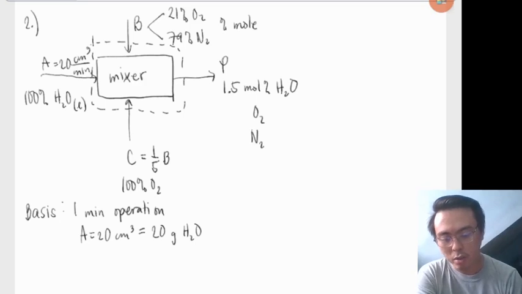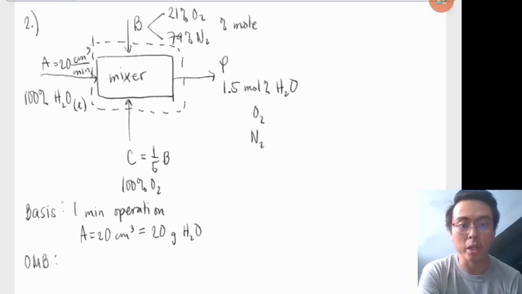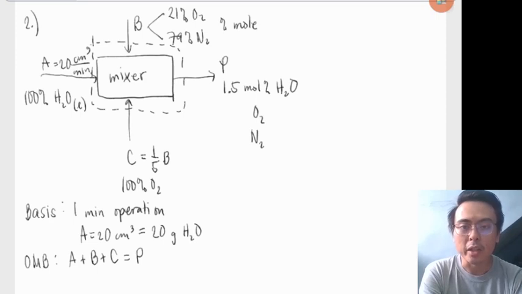Next part, you perform the OMB. So the OMB here would be the summation of all of the streams going in, A plus B plus C, equal to the stream going out, which is P. Now, depending on how you choose to tackle this problem, your OMB could be either on the basis of mass, if you want that, or your OMB could also be on the basis of moles.